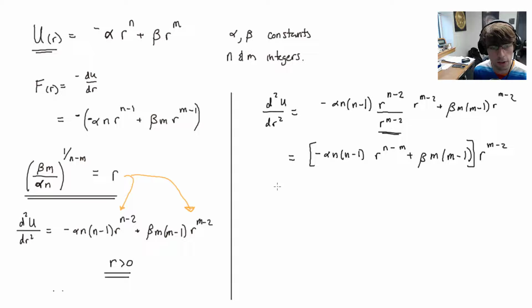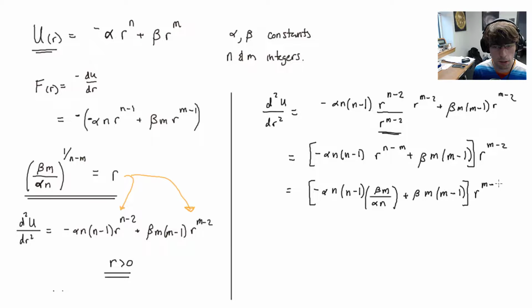That makes life a little easier. So I get equals negative alpha n minus 1, and I'll just substitute that in. This is beta m divided by alpha n, plus beta m minus 1, r to the m minus 2.